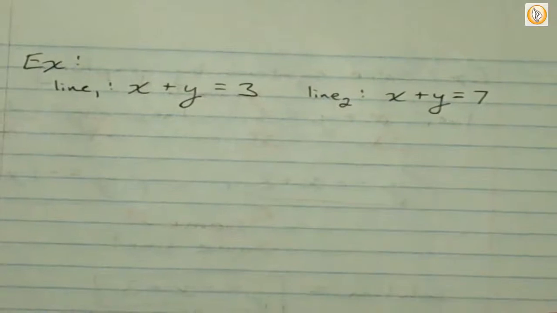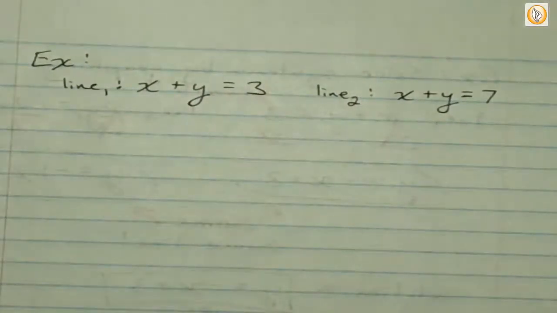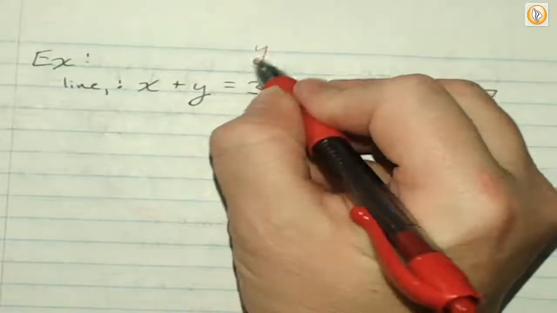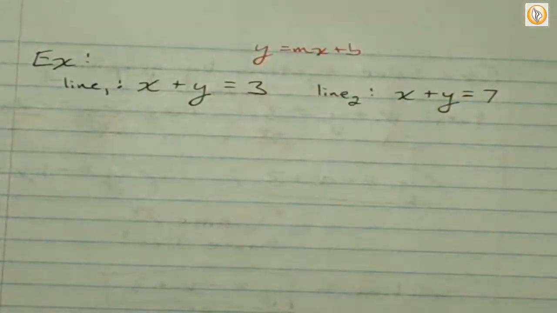Okay, so we have line 1 is x plus y equals 3, and line 2 is x plus y equals 7. Whit, let's go ahead and put these in y equals mx plus b format first, just to see what's going on here.